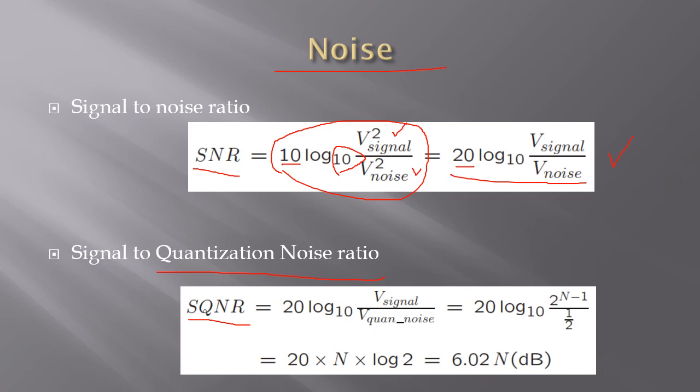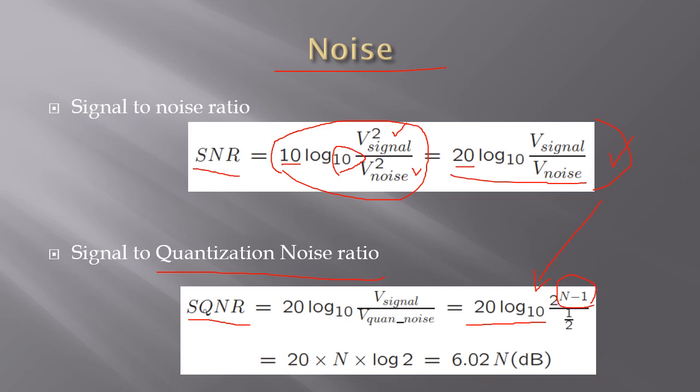Now, if this expression is applied to quantization noise, then the expression becomes 20 log base 10 of 2 to the n minus 1, where n is the number of bits used for quantization.